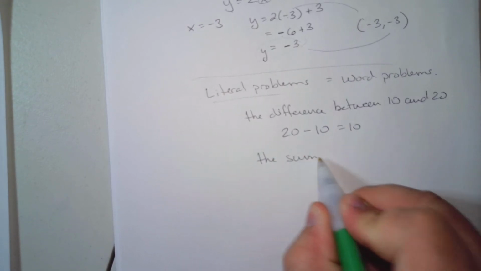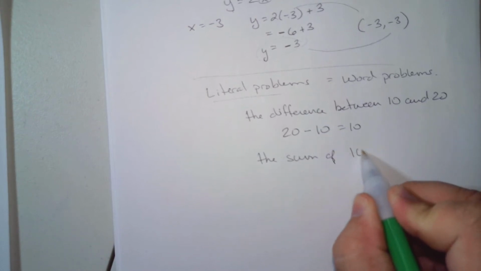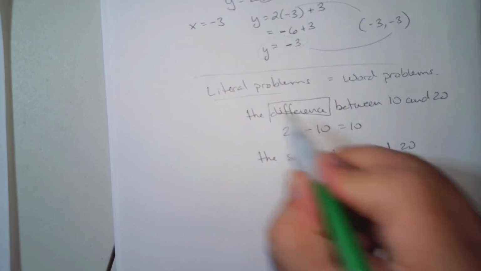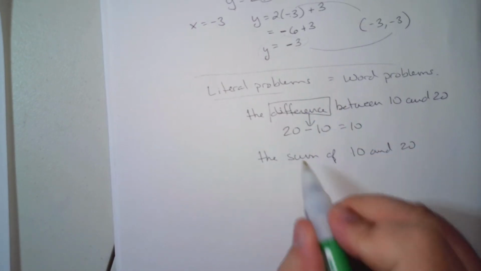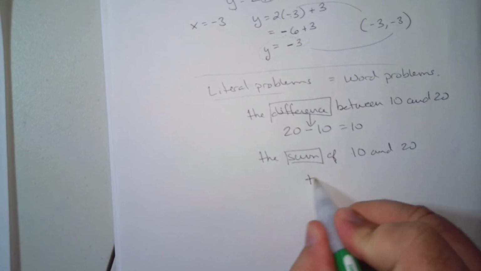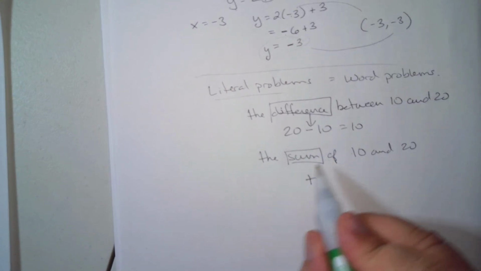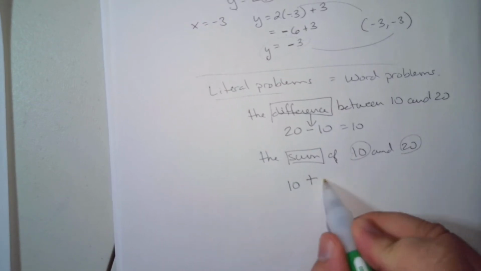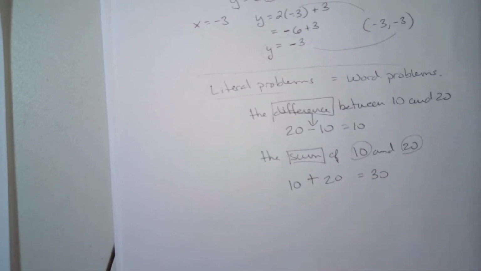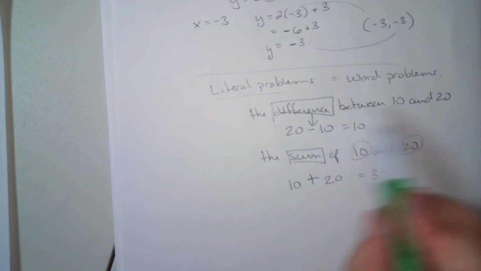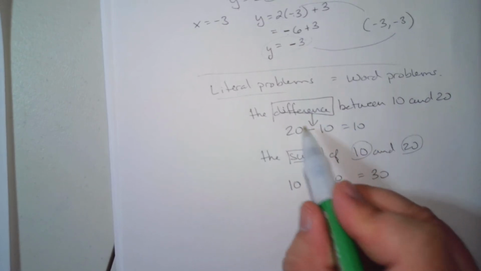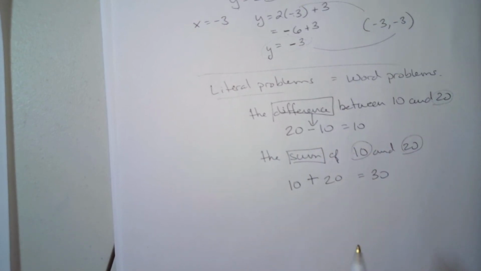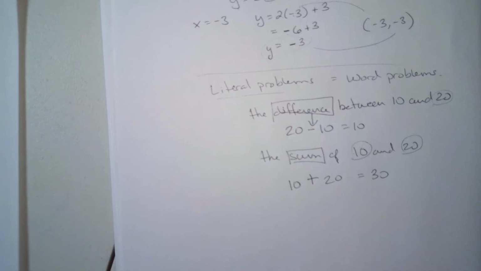The sum of 10 and 20. The difference means subtraction. The sum means addition. Once you see the operation, okay, this number goes first, this number goes second. Just in subtraction, when you say difference, you always want to take the second number first. Right?